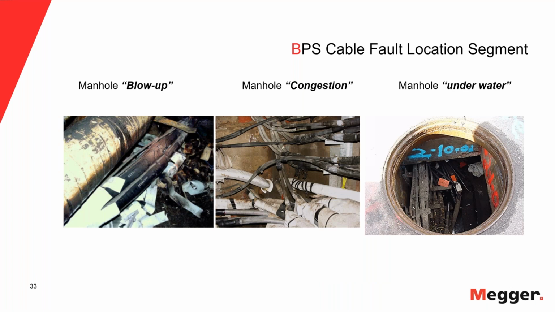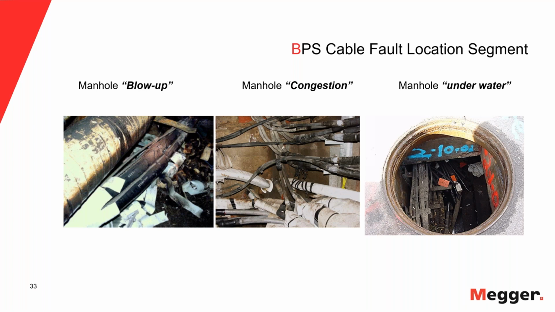Okay, now probably you have all seen this. On the left side, you see a typical blow up in a manhole, and you see all this white tape. This is normally tape that's protection to prevent fires from catching onto other cables when one cable blows up. And it did a good job here. And then you see the congestion in the manhole that Marshall was already pointing out. So these are very complex manholes.